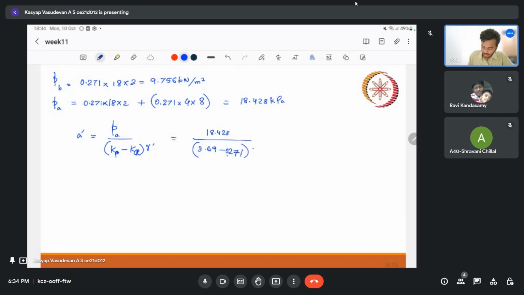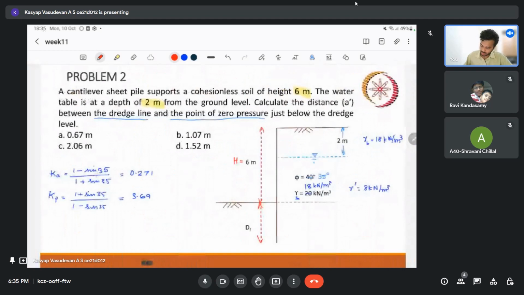Gamma dash is 8. So this turns out to be 0.67. So that is our answer that we require here. A dash which is asked, that is 0.67.